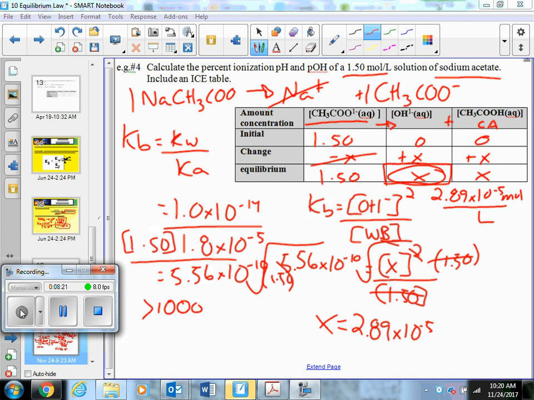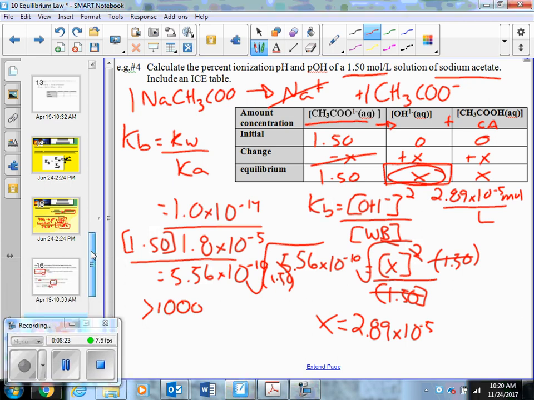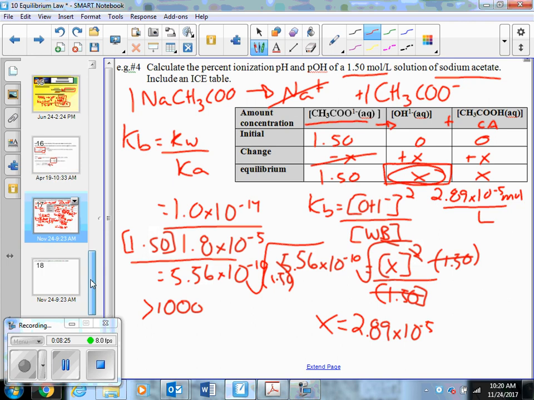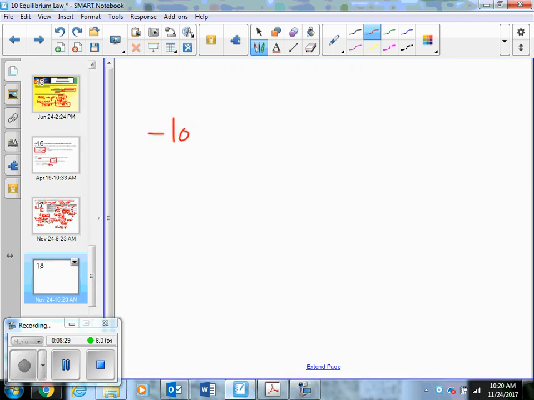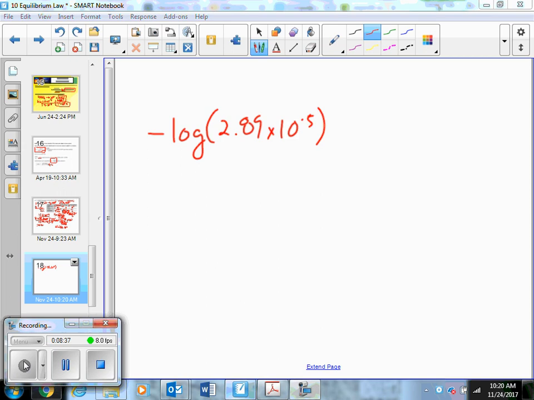Now I can use that to solve for the pOH and then use that to find the pH. So negative log of 2.89 times 10 to the minus 5 gives me 4.540.